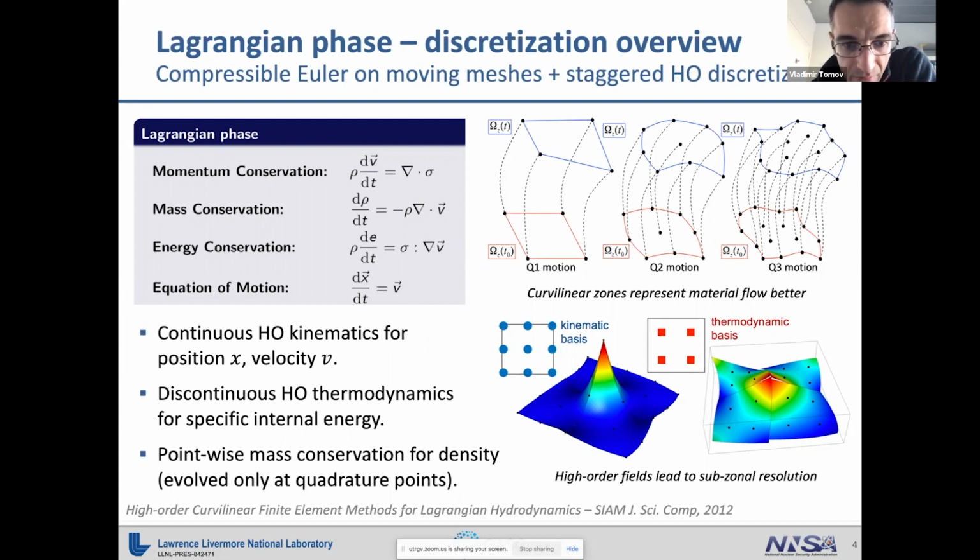So you can say, for example, that if the mesh compresses, your density goes up by the same ratio, so that you have the same mass, and you can do this pointwise by tracking the initial and the current Jacobians. So there is no need for a finite element space for density.